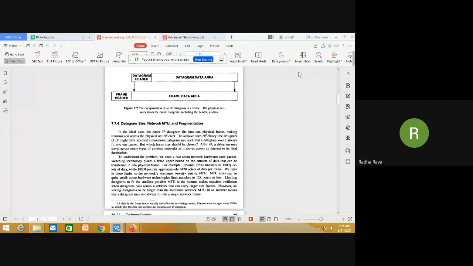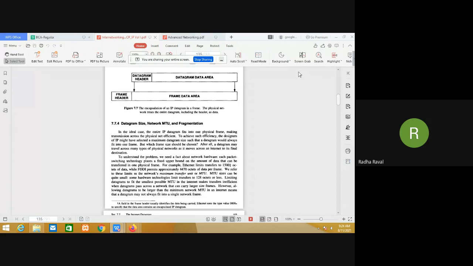For example, Ethernet limits a transfer to 1500 octets of data. If you are transferring through Ethernet, it allows you to put 1500 octets of data in one frame. FDDI permits 4470 octets of data per frame.